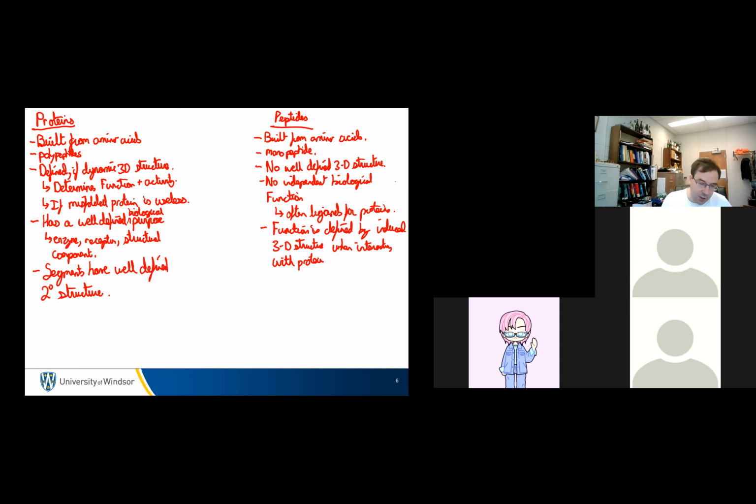So roughly speaking, I'm not aware of any protein that is under 50 amino acids. There are a couple of really small ones right at that borderline of 52, 53 amino acids.